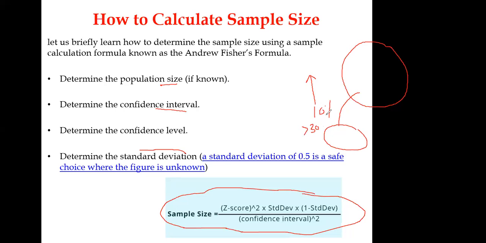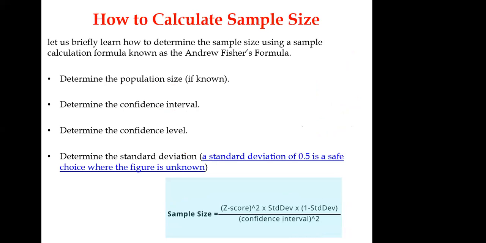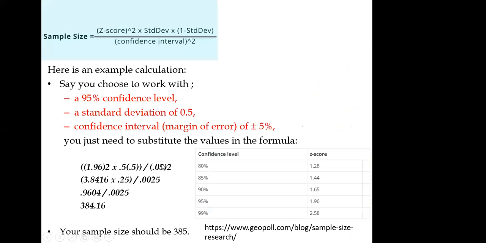So if the population size is 300, the sample size is at least more than 30. This is the main requirement. Basically, if we first define our confidence interval and standard deviation and so on, we can clearly define our sample sizes.